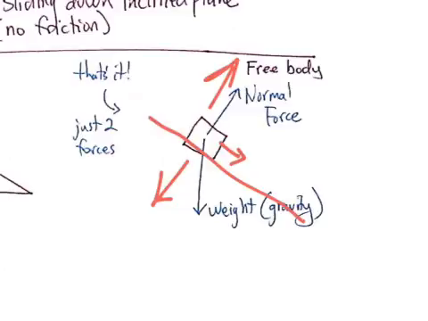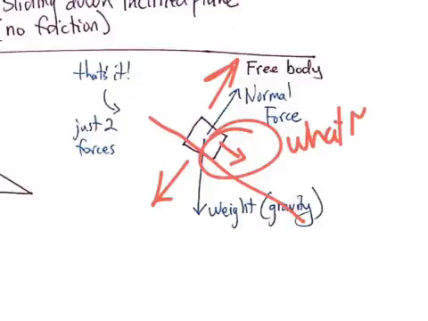So the reality is that, yes, the block does slide down the inclined plane, and this is what we're interested in: the result of this force pulling this way and this force pushing this way. What's the resulting force that actually moves the block down the inclined plane?